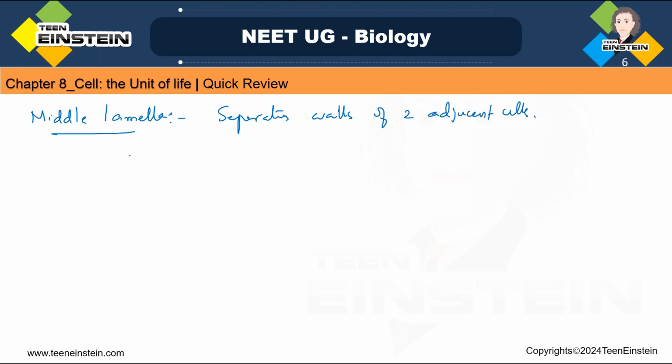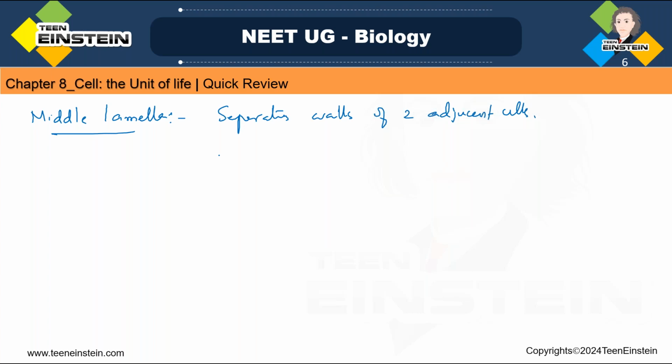So that is the middle lamella between the adjacent cells, separating two adjacent cells. It is present in the middle of two cells. Try to keep it like that. That is the lamella, or the separating wall, which is present in the middle of two cells.